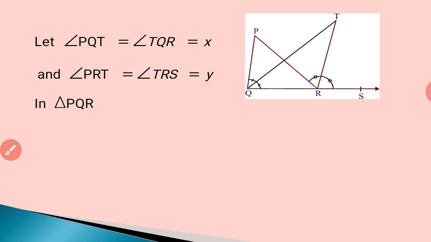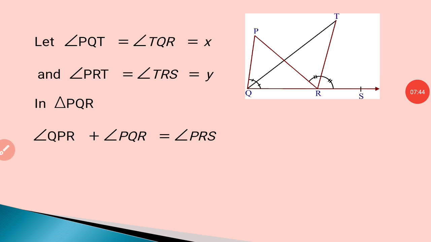Now in triangle PQR, angle QPR plus angle PQR is equal to angle PRS. Now PRS is the exterior angle, so it is equal to the sum of the opposite interior angles. As angle PRS is the exterior angle, we have written the statement of the exterior angle theorem.